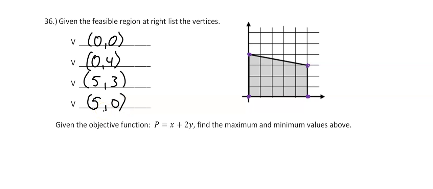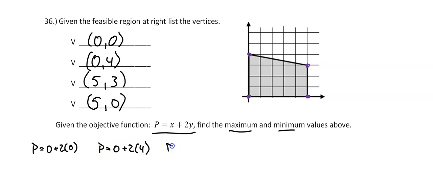Now, if I want to figure out, all right, if this is the objective function, I want the maximum, the minimum, I just have to plug all these values into the objective function. So if I plug the 0, 0 in, and then I'll plug the 0, 4 in, and the next point, and just plug in each of them.